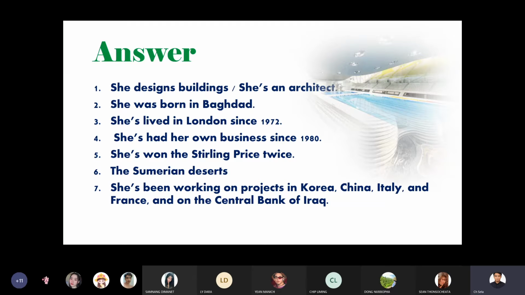Okay, Bopal, read again, please. Number one until number seven. Number one, she designed buildings. She's an architect. Number two, she was born in Baghdad. Number three, she has lived in London since 1972. Number four, she has had her own business since 1980. Number five, she's won the Stirling Prize twice.